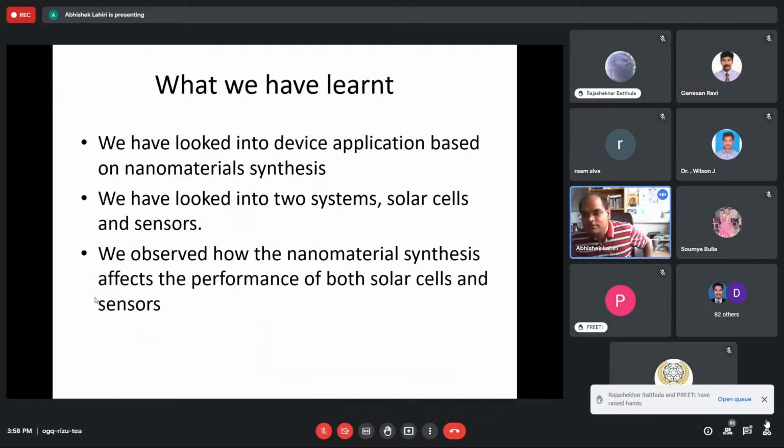So basically what we have learned in this class, we have looked into device applications based on nanomaterial synthesis. We looked into two systems, solar cells and sensors. We talked about solar cells, looked into various types of solar cells and discussed a bit about the dye-sensitized solar cell and the latest perovskite-based solar cells.